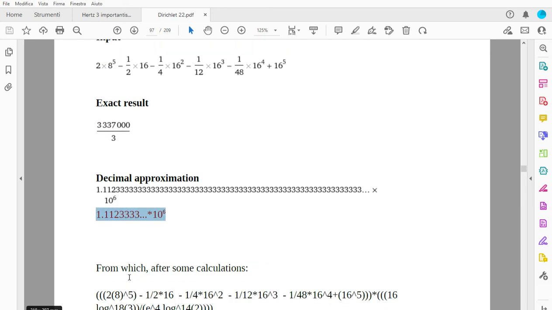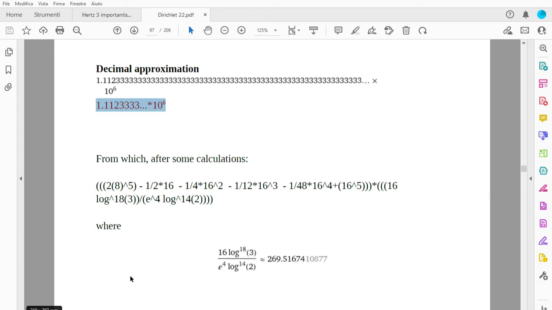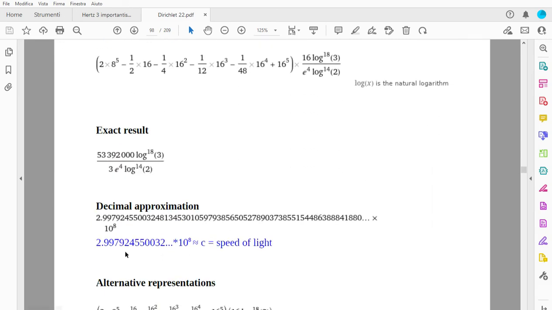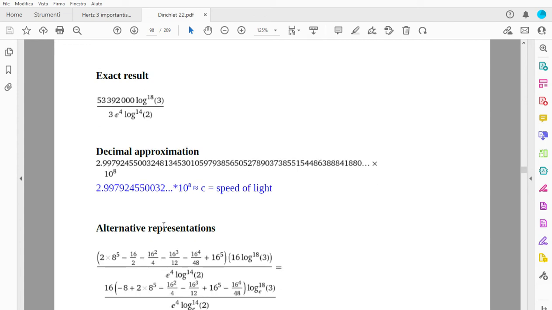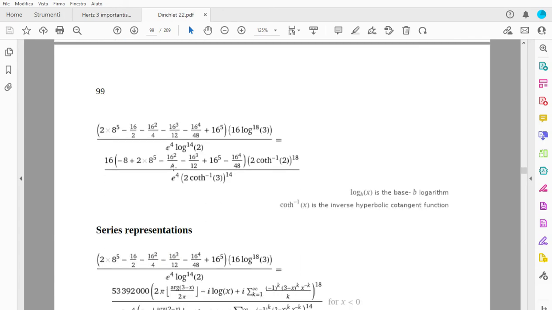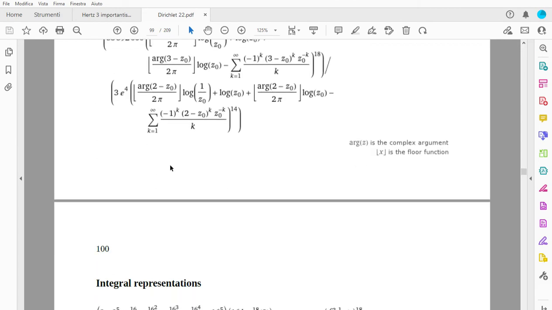From which, after some calculation, we obtain a value very near to the speed of light. Also here the study of the function, alternative representation, series representation, and so on.